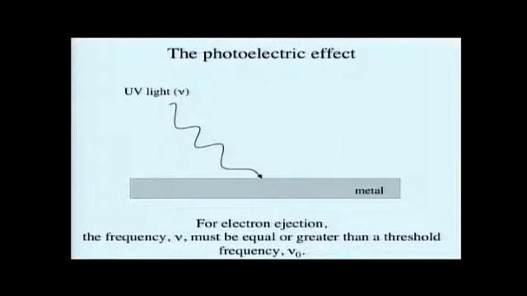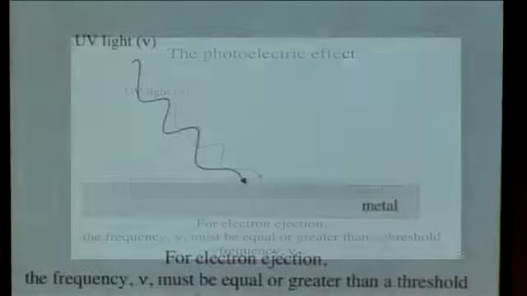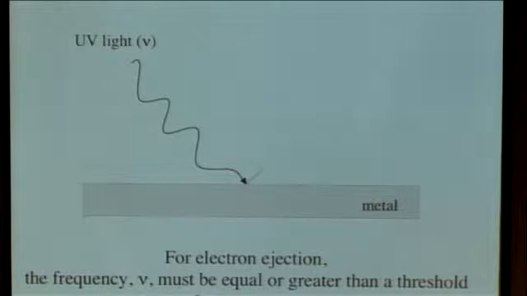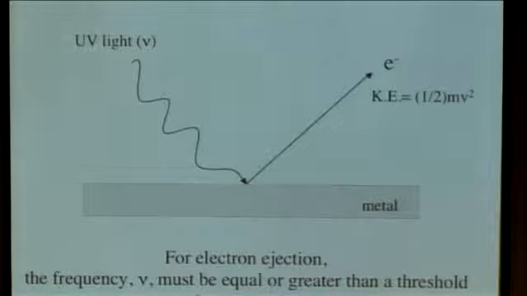So the photoelectric effect is the effect that if you have some metal, and you can pick essentially any metal you want, and you shine light of a certain frequency onto that metal, you can actually pop off an electron, and you can go ahead and measure what the kinetic energy of that electron that comes off is, because we can measure the velocity, and we know that kinetic energy equals 1/2 mv squared. And thanks to Thomson, we also know the mass of an electron.